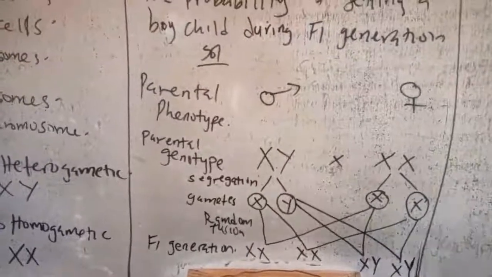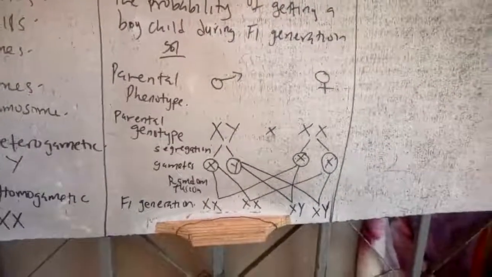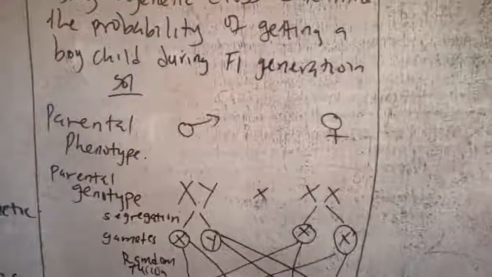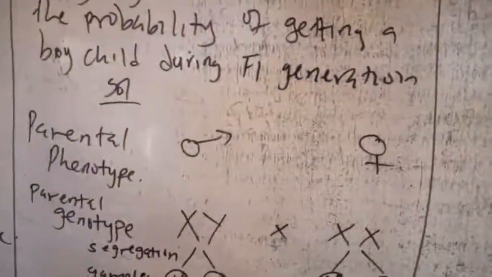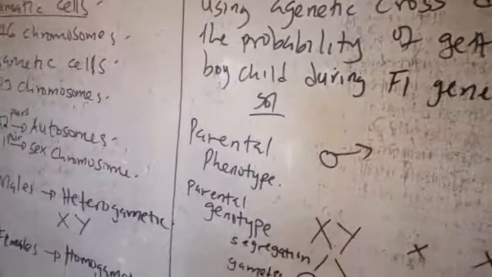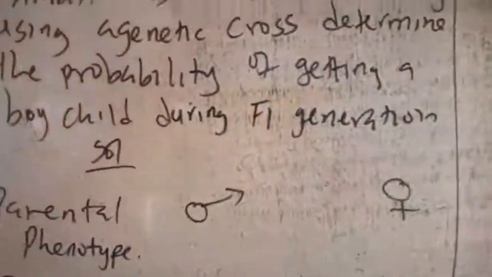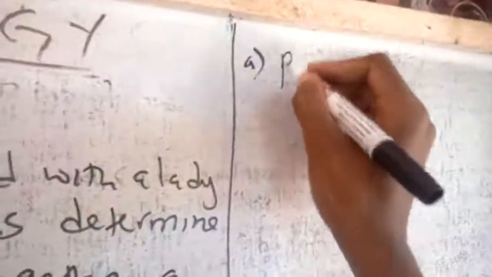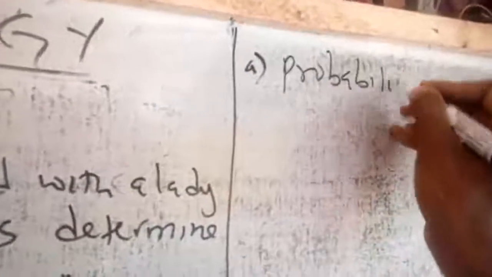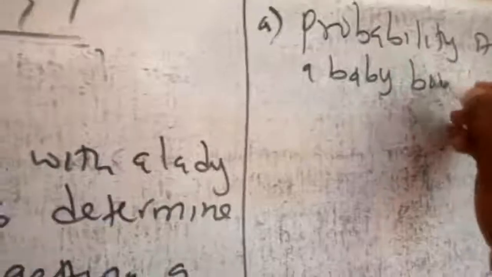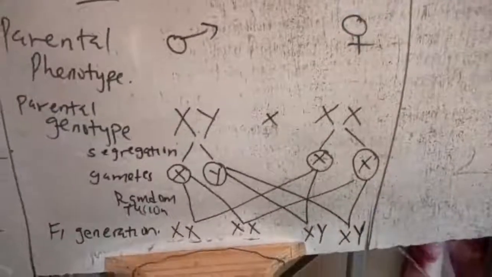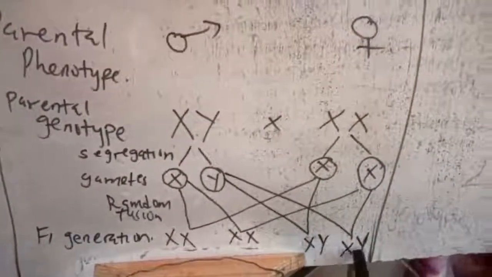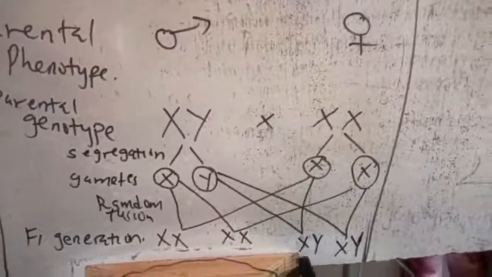Therefore, the question is the probability of getting a baby boy. The probability of getting a baby boy equals how many boys from the results? You can see there are two baby boy offspring.